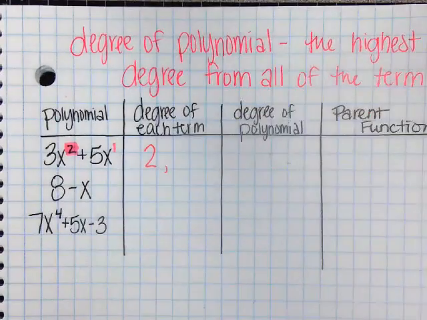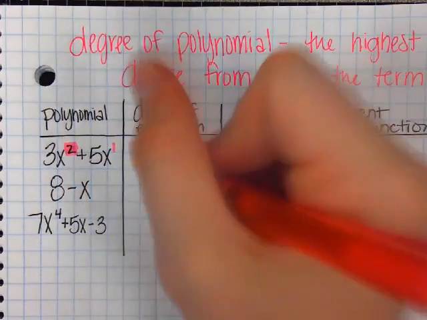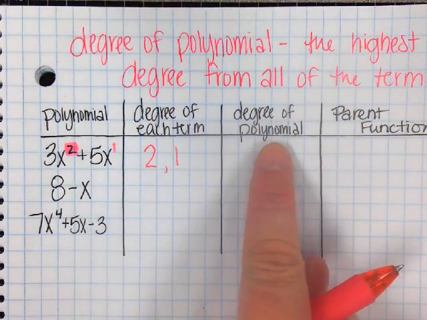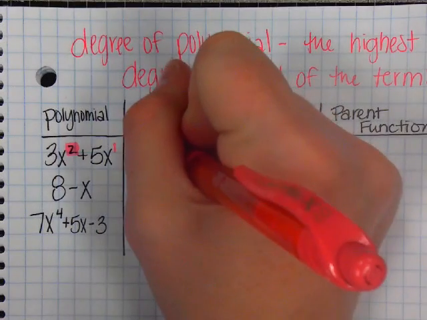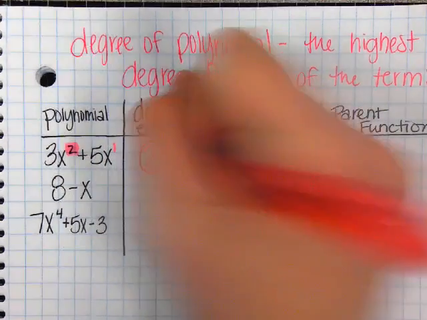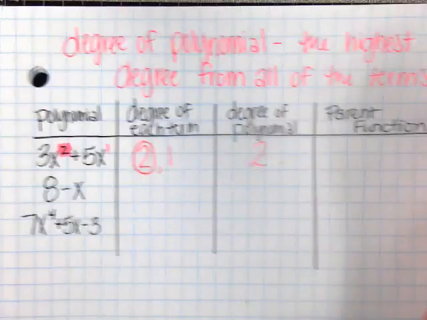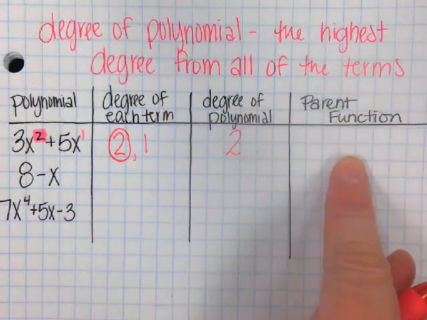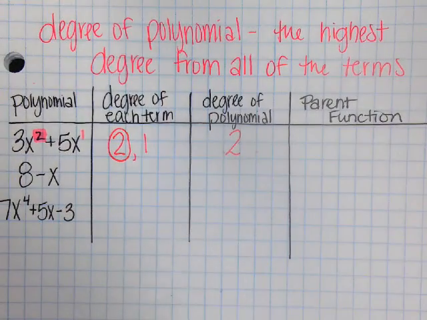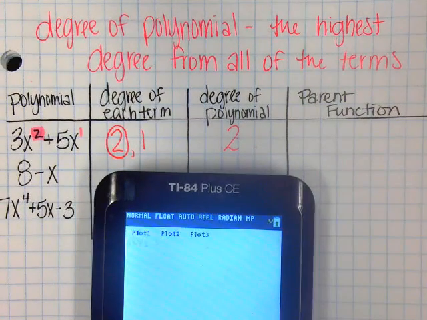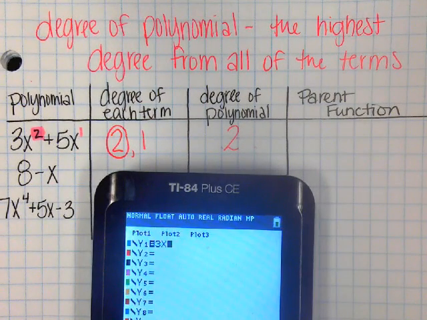The second term has a degree of 1 because it doesn't have one listed. So degree of the polynomial is the highest degree. So this would be squared, or the 2. The degree is 2 because that's the highest degree. Okay? And then the parent function, so I'm going to go ahead and type this in just so that you can see it.